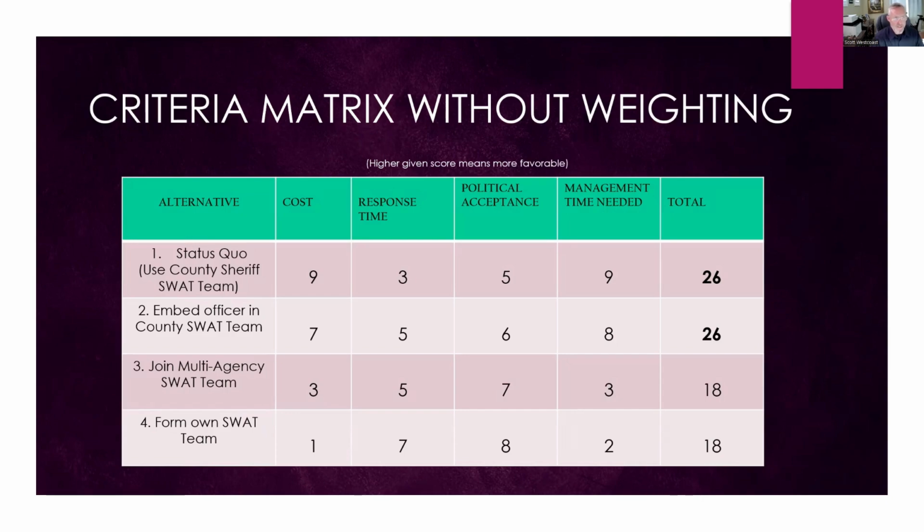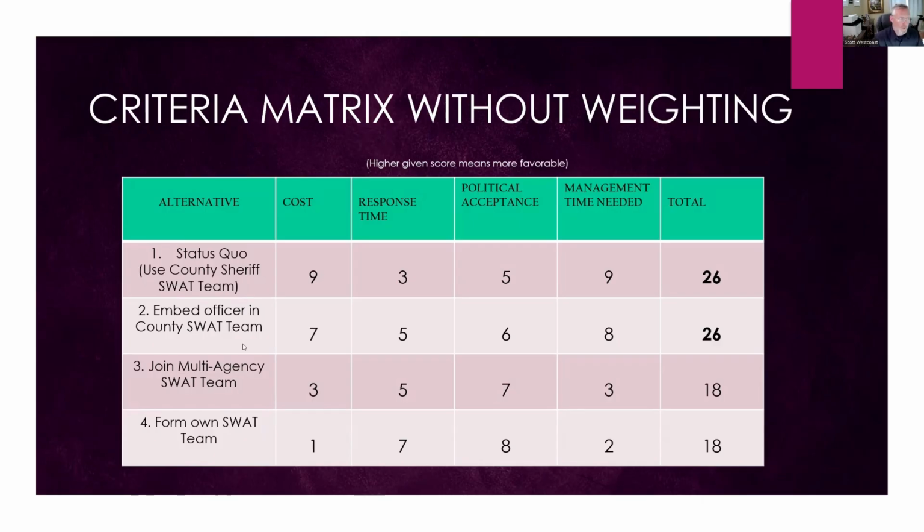So this is what a criteria matrix looks like without weighting, and I'll explain what that means shortly. In this example, we talked about a smaller agency thinking about coming up with their own SWAT team. So as you can see, along the left column, there's a bunch of alternatives of things they could decide to do.